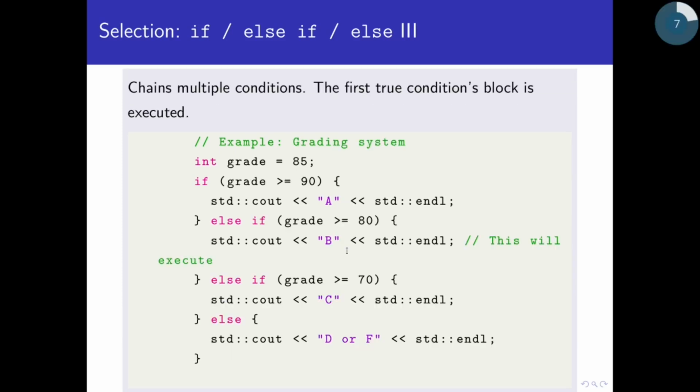Now let's look at the use of chained multiple condition statements. Let's check if the grade of a student is 70, 85, or greater than 85. If the grade is greater than or equal to 90, then we print A. Else if the grade is greater than or equal to 80, then we print B. That means this condition will be executed for this statement because our grade is 85.